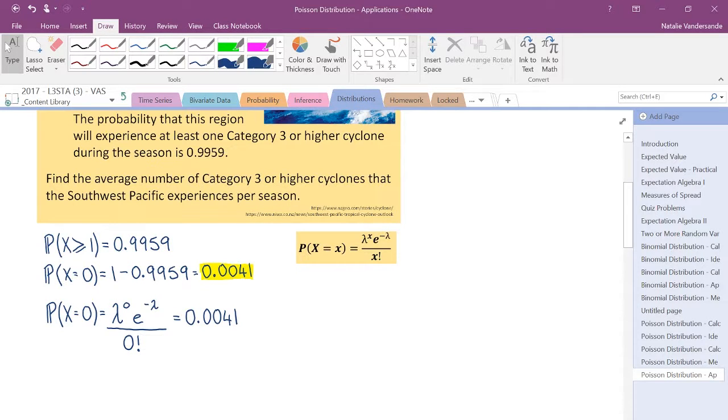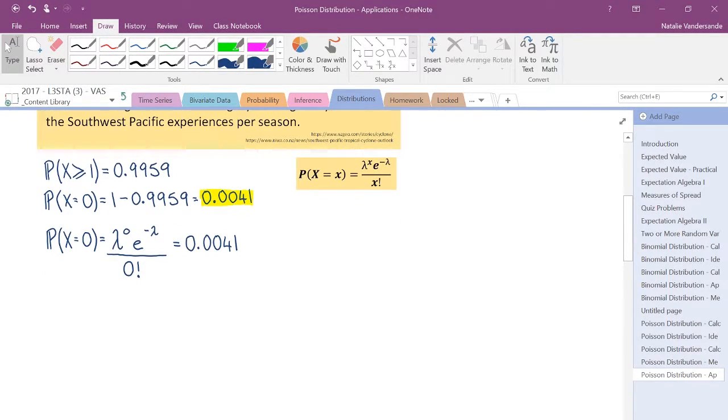So we can simplify this equation down to e to the power of negative lambda is equal to 0.0041. This is because any number to the power of 0 simplifies down to 1, and 0 factorial is also equal to 1. So both of these drop out of our equation, and we are left with what is written down.